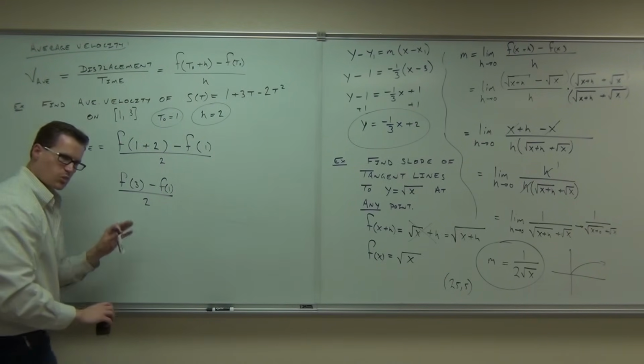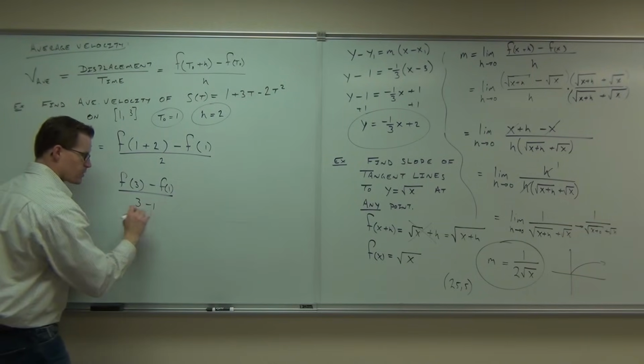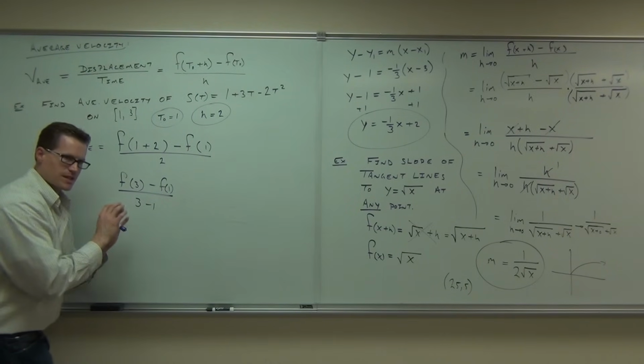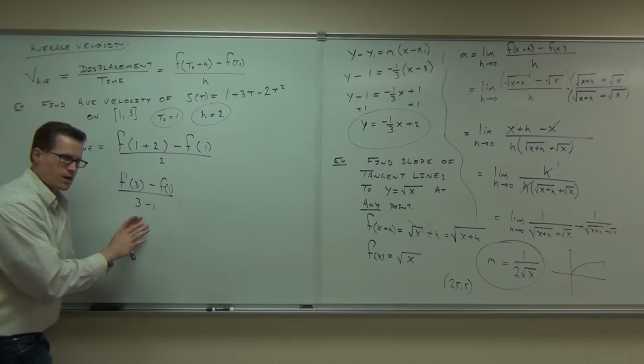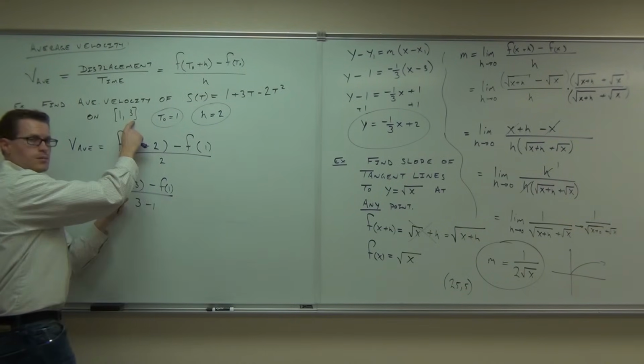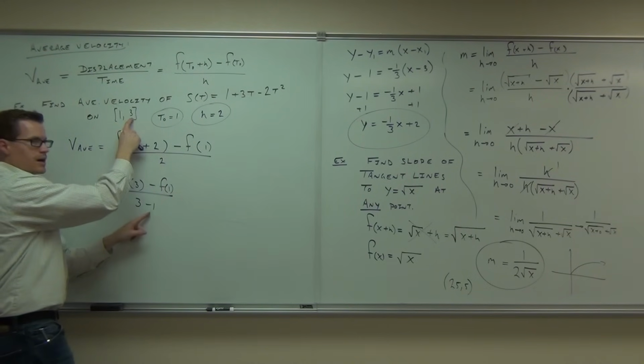Don't change your paper, but just watch. 3 minus 1. That's still 2, right? Do you see that this is slope formula? That's all this is. F of 3 says, oh, well, that's y2 minus y1 over x2 minus x1.